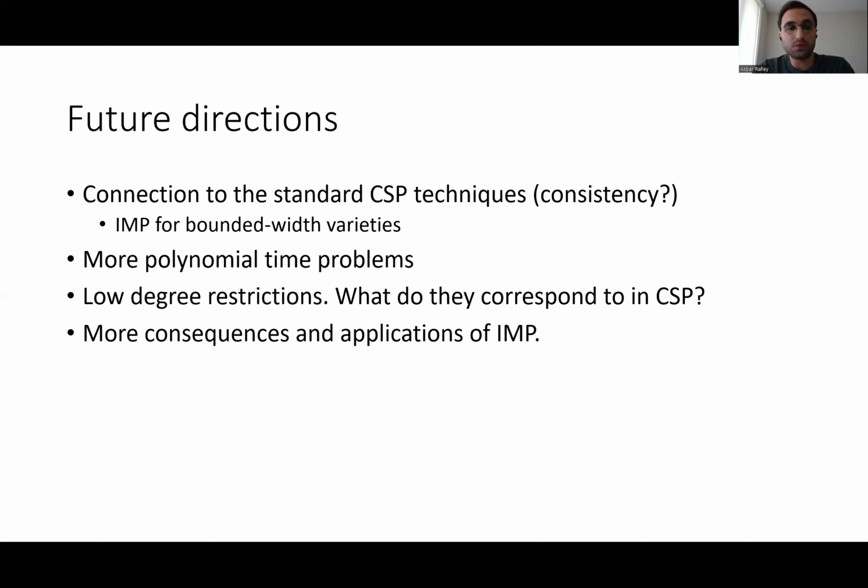And what are more polynomial time problems in terms of polymorphisms? And what does this low degree restriction mean in terms of CSP? In terms of polynomials, it makes sense, we have low degree polynomials, but what does it say about the CSP? And then what are more consequences and applications of IMP in algorithm design and optimization?